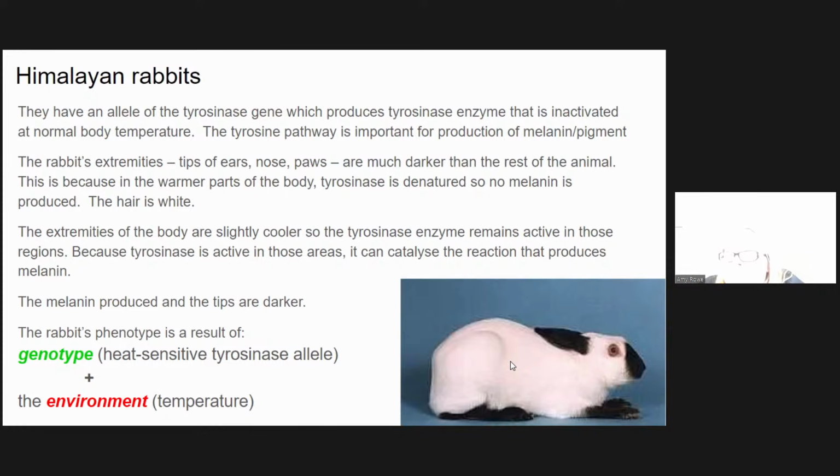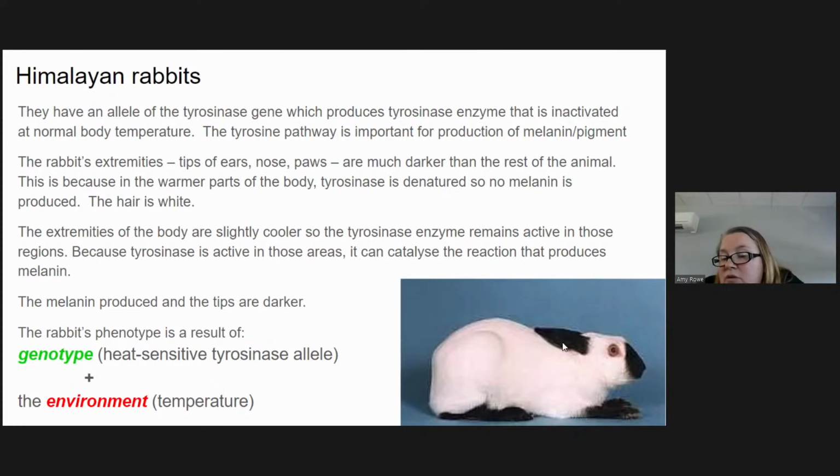The extremities of our rabbit, the ears, nose, feet, and tail, are further from the rabbit's body, and so they are slightly, a degree or two, cooler than the rabbit's body temperature. Just that difference in temperature will mean that the tyrosinase enzyme carried by this rabbit is able to function in those areas.